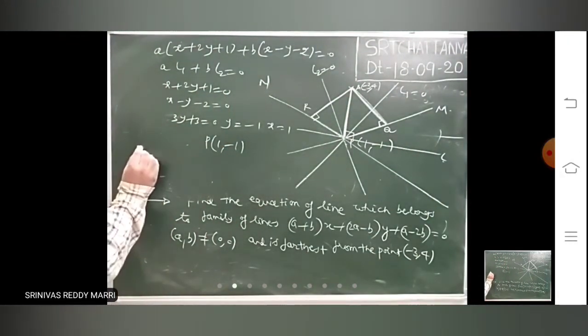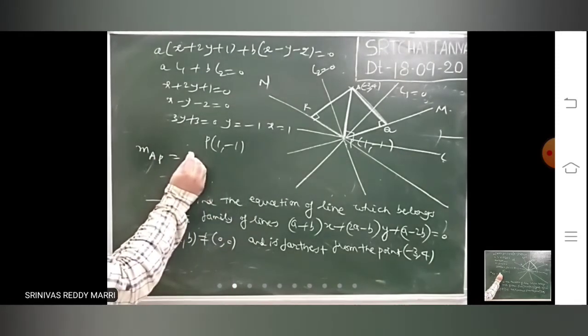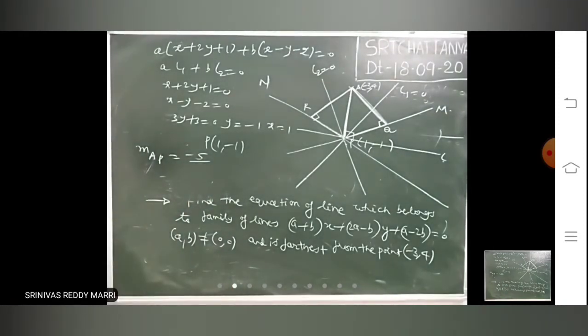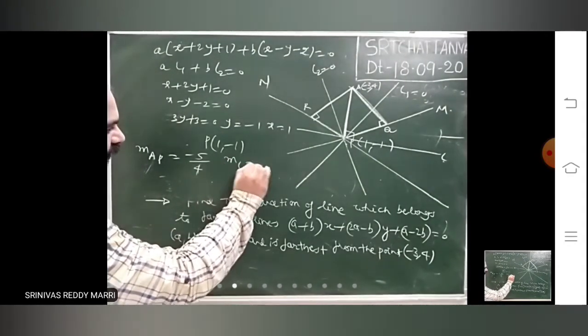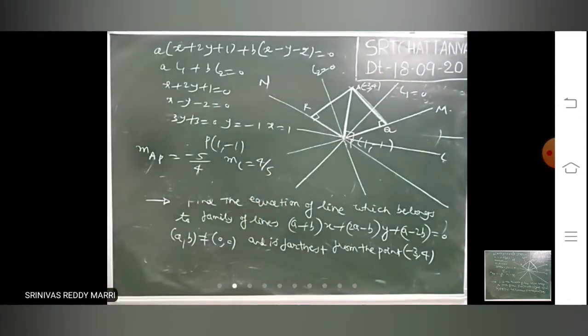So therefore, slope of AP is nothing but (minus 1 minus 4), that is minus 5, divided by (1 plus 3). So slope of our required line is nothing but 4 by 5. So the required line is passing through P and perpendicular to AP.